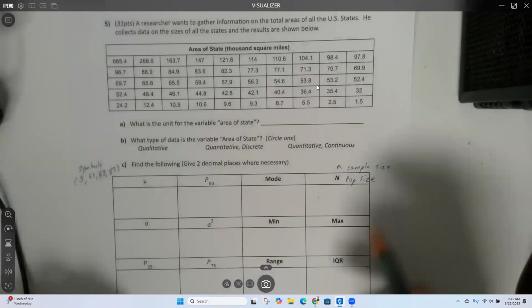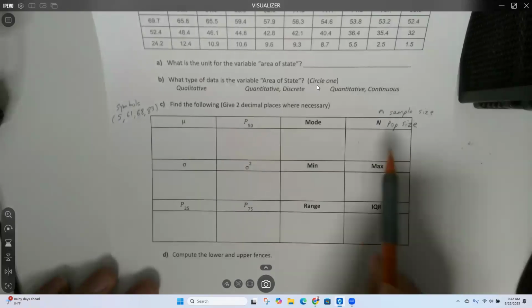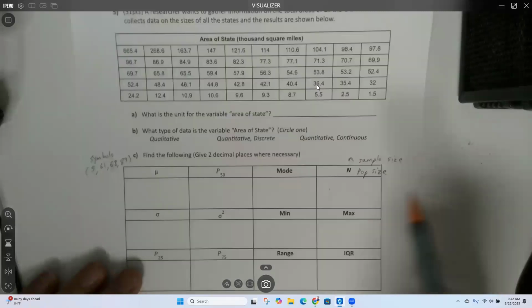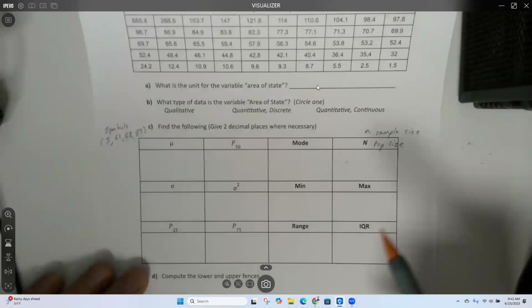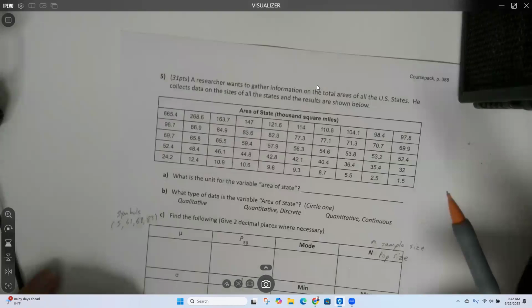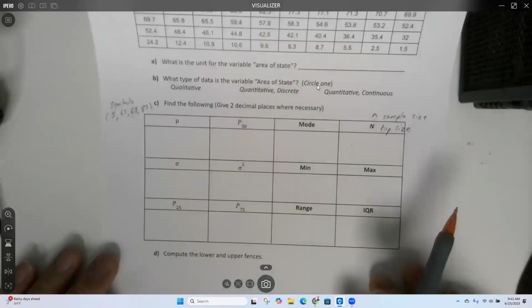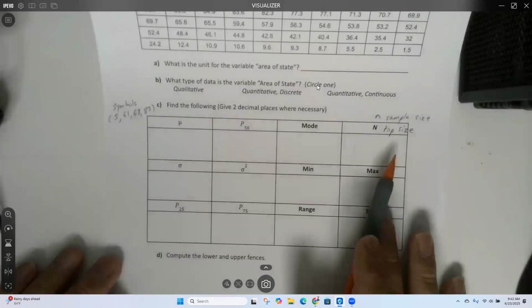The little squares counted to 50, so yes, it is 50, because this happens to be all 50 states. So this is not a sample of states. This is the whole population. So sometimes you do have the data for the entire population. Sometimes not.